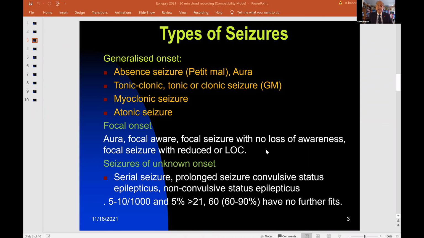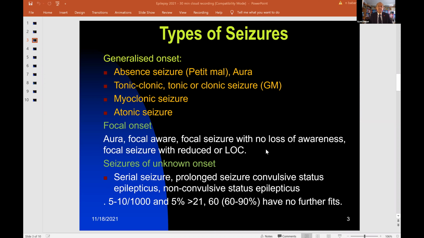There could be a single seizure which is prolonged in nature. And if it goes on for more than 5 minutes, then of course it assumes the characteristics of status epilepticus. But some serial seizures do not produce status epilepticus.